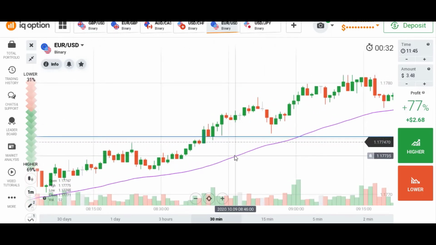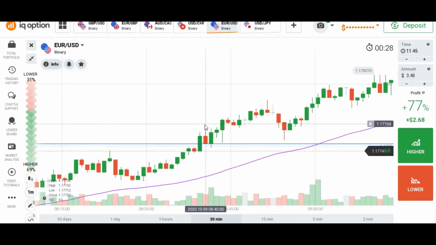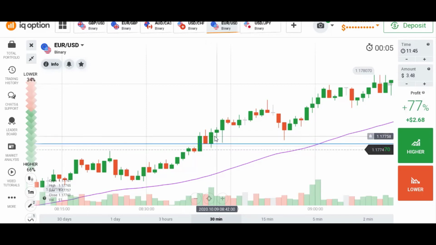I already told you that if the next candle comes down and closes at this 50% level, the next candle obviously goes up because it's a strong uptrend. So we can place our trade in the upper direction fearlessly, and it's obviously our winning trade.